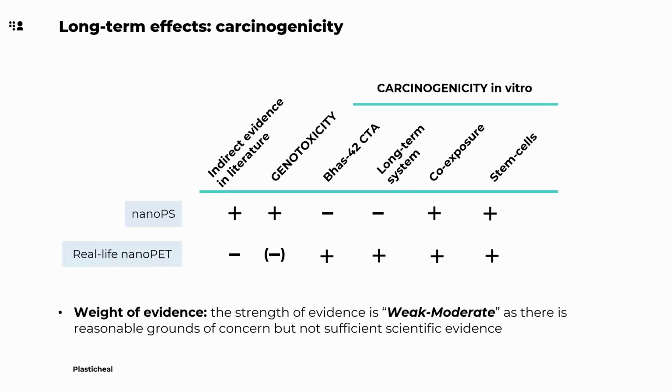Another endpoint that you have seen in the framework is carcinogenicity. We have assessed long-term effects and carcinogenicity in particular, but only using in vitro models. So we have to be cautious in how we interpret this. The summary that you have there is what we have. We have assessed the literature and produced a review, where we have sufficient indirect evidence supporting potential genotoxicity and carcinogenicity.